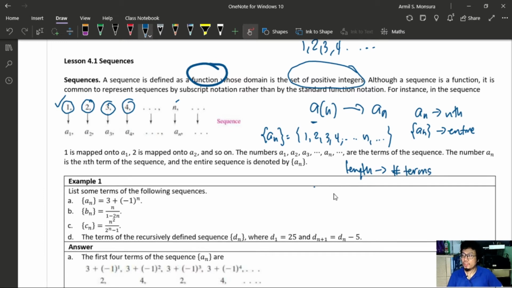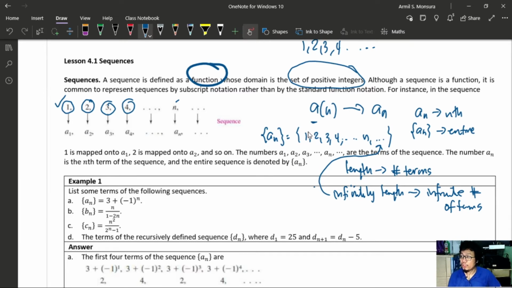So when you say that a sequence is infinitely long, it means that it has an infinite number of terms. An infinite length sequence is denoted by an expression with 3 dots at the end. That means your sequence is non-terminating; it has an infinite number of terms.